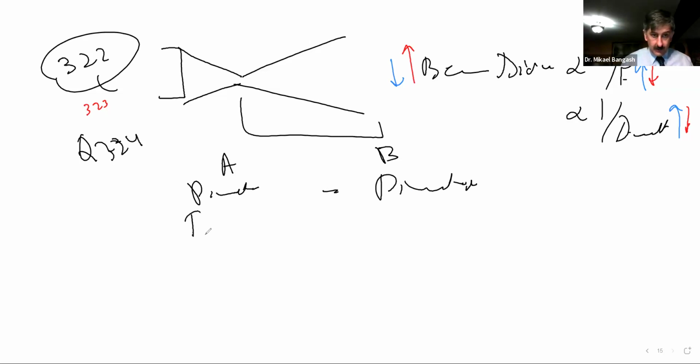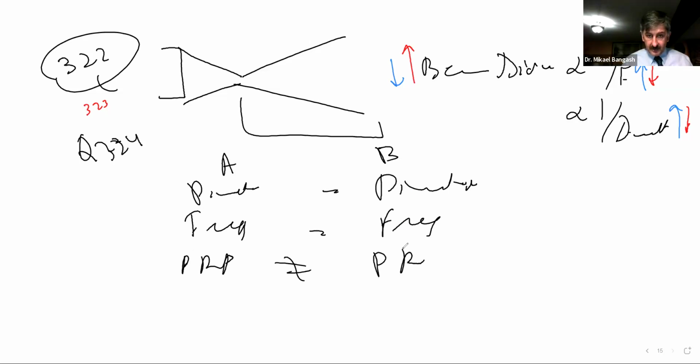We can even say frequency equals frequency. Pulse repetition period is not equal to pulse repetition period. Which system has the deepest focus?